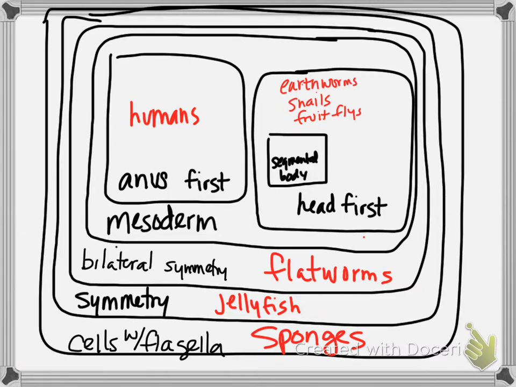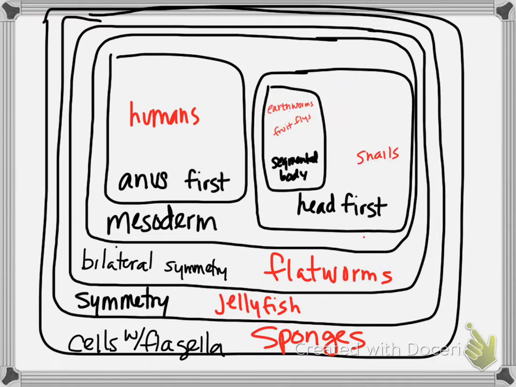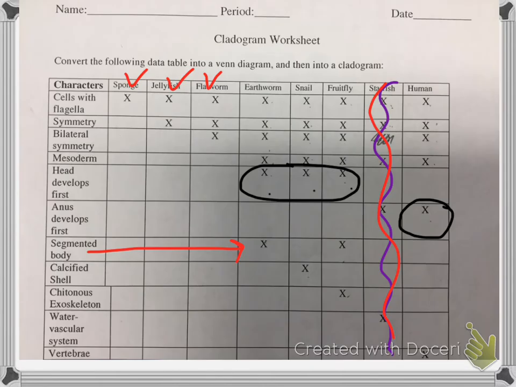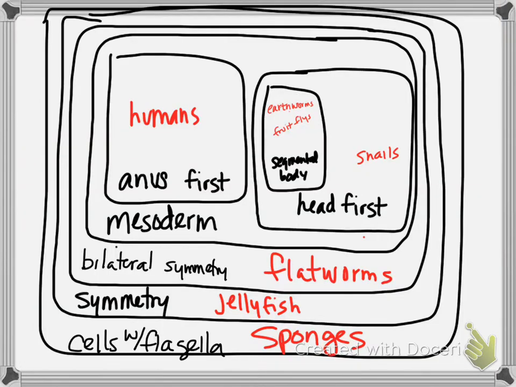Okay, so which things have a segmented body? So we have earthworms and fruit flies with segmented bodies. What's true of snails? So we've got this and this checked off. Snails have a calcified shell. None of those other things do. So guess what? Snails get a new box.